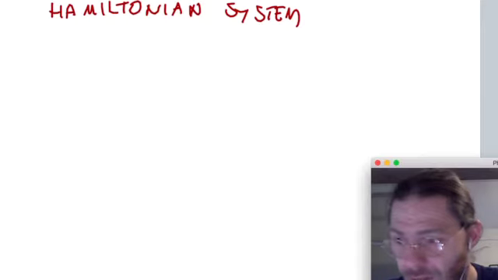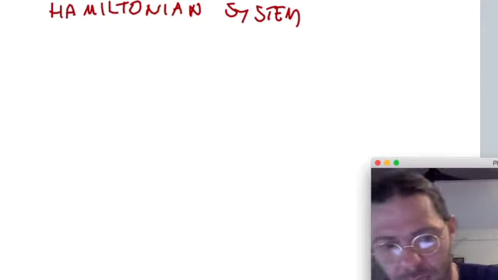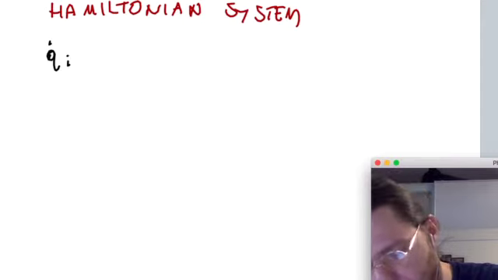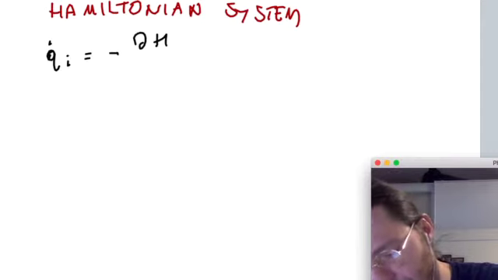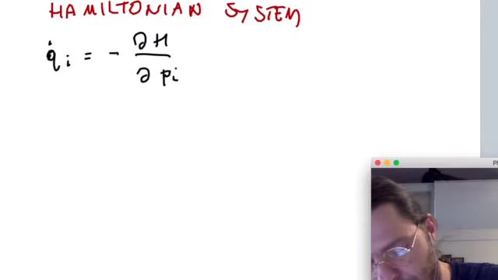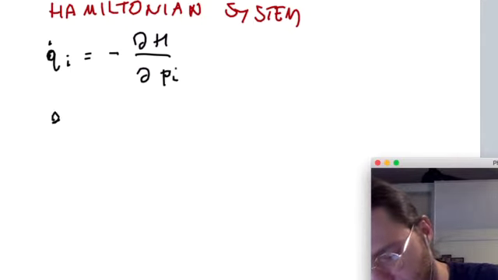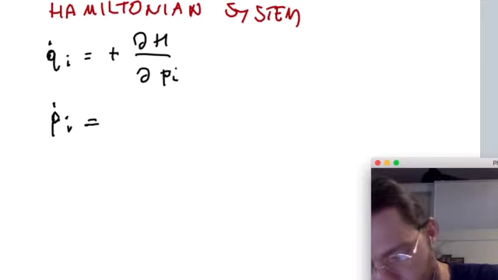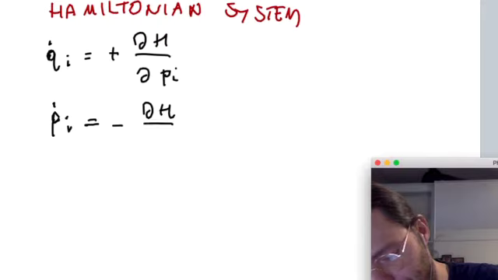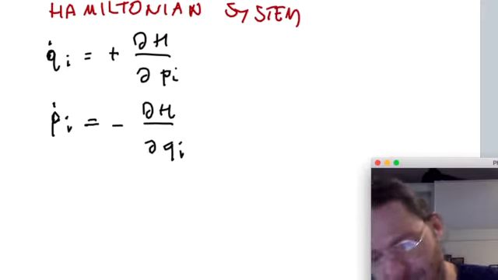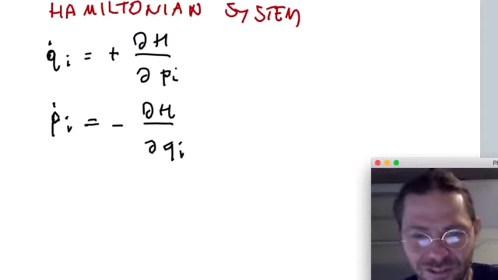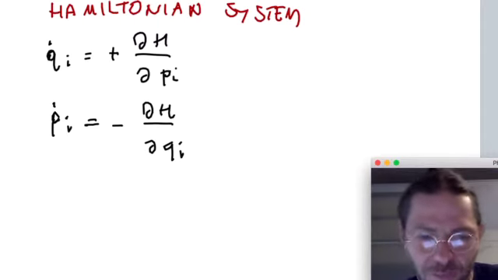But for the time being, let's stick to the classical regime. We have our nice and beloved Hamilton's equations. The second equation is obviously Newton's equation. The first equation is just a definition of velocity given the momentum.